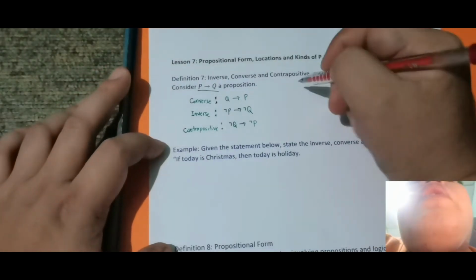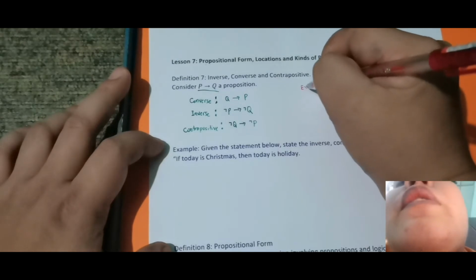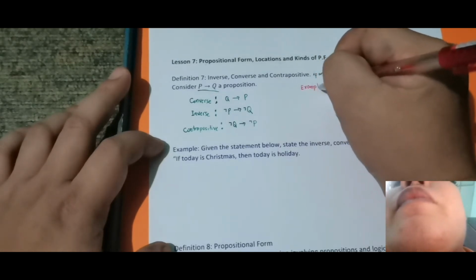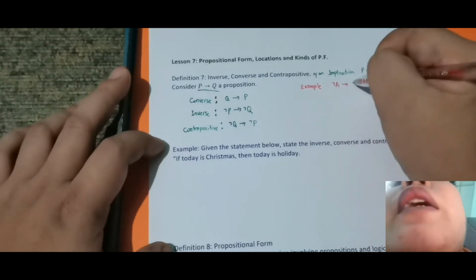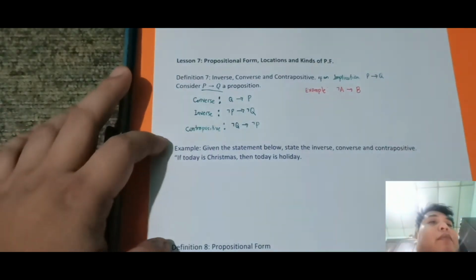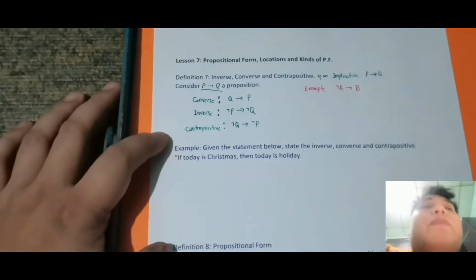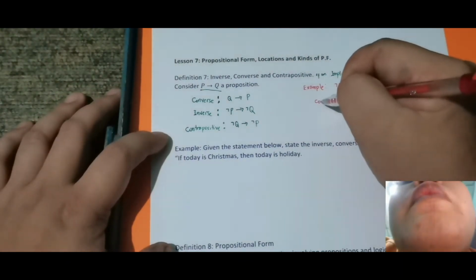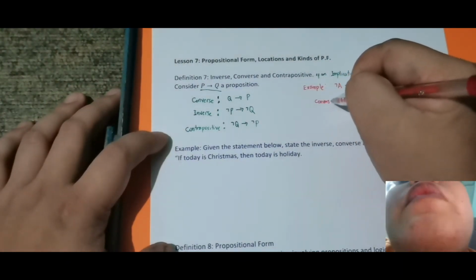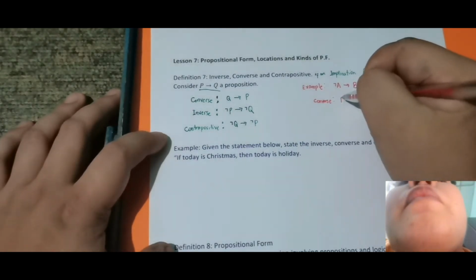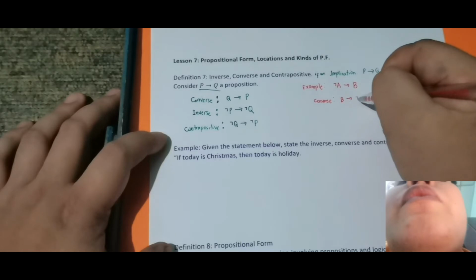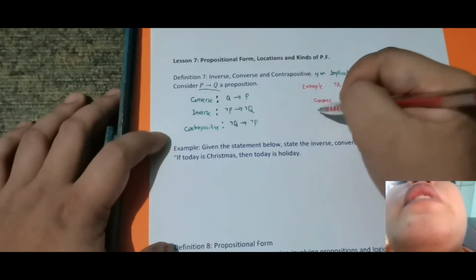So, ngayon, example tayo, no? So, example, ibahin ko lang. So let's say, meron akong not A implies B. Okay, so ano yung converse niya? So, for the converse, pagpapalitin ko lang sila. So, again, that is B implies not A. Next is inverse.